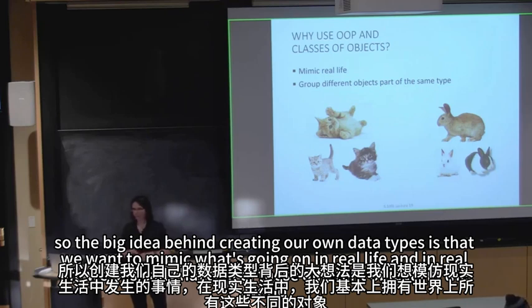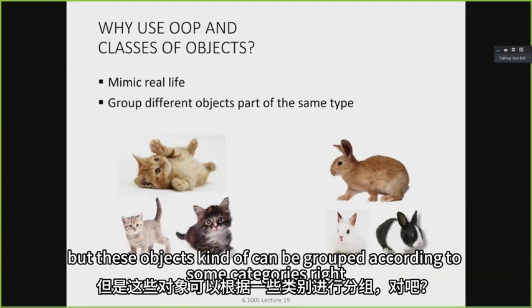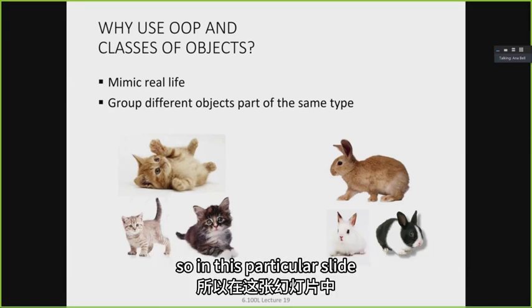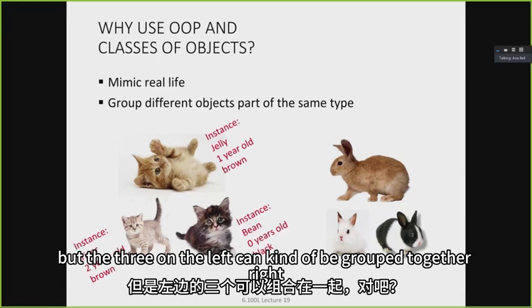objects. So the big idea behind creating our own data types is that we want to mimic what's going on in real life, right? And in real life, we basically have all of these different objects in the world. But these objects can be grouped according to some categories. So in this particular slide, I've got 6 different objects. But the 3 on the left can be grouped together.